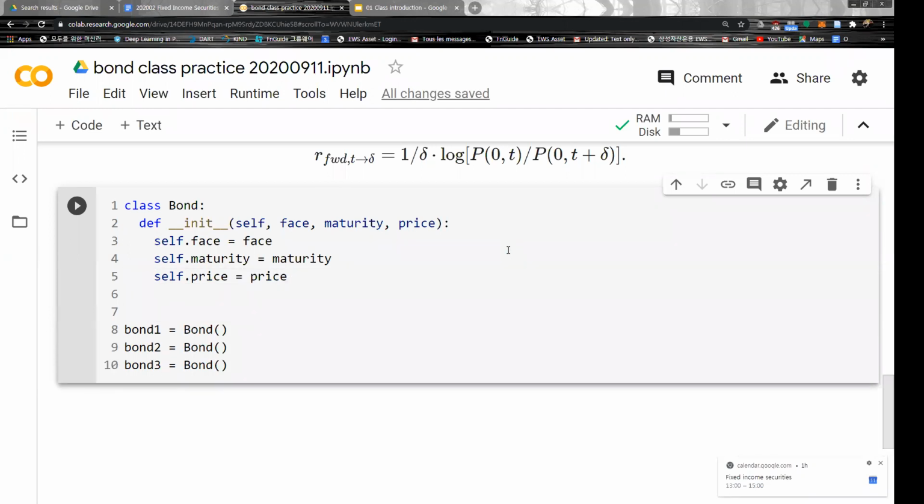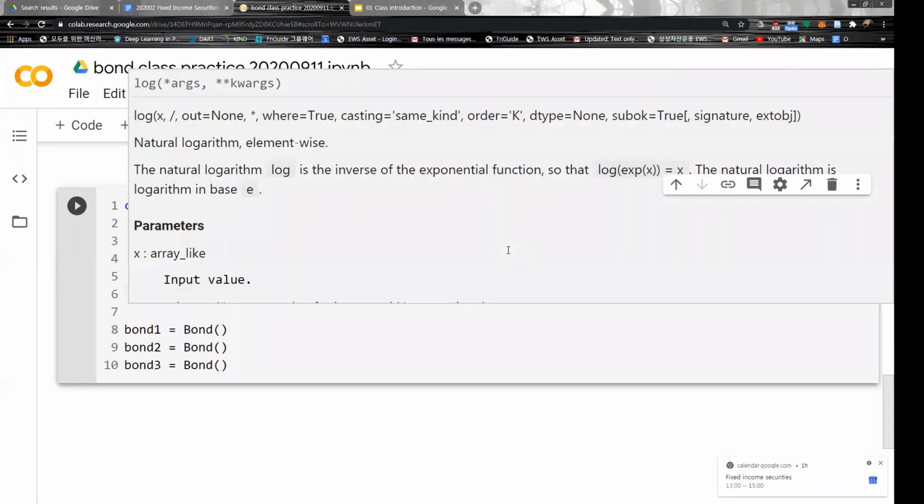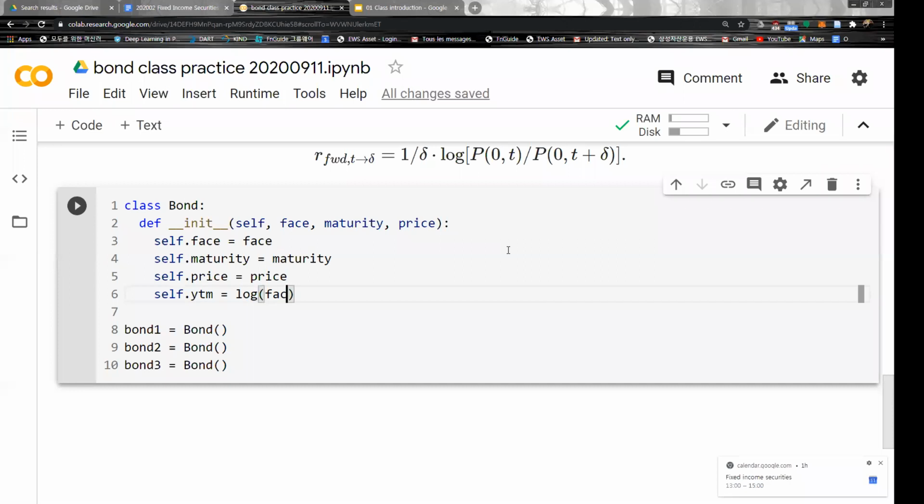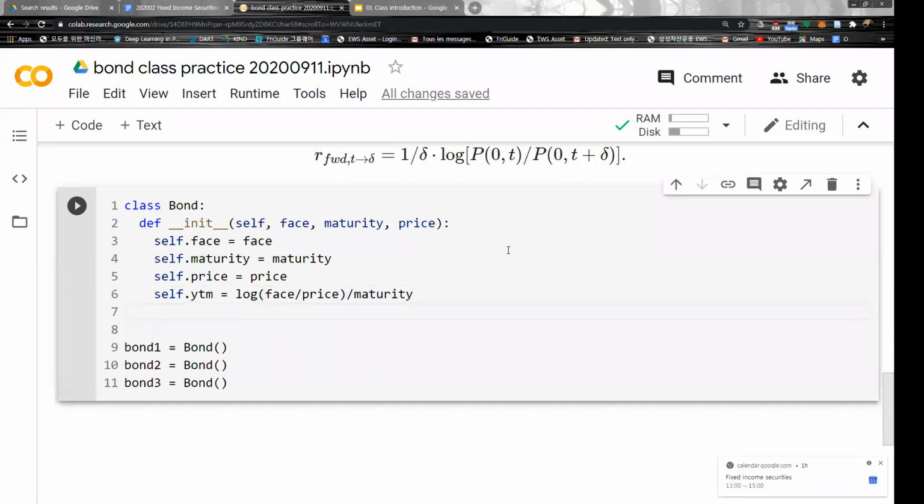And of course we also have YTM, yield to maturity, but we can calculate yield to maturity from the other ones. Basically it is the log between face value and price, annualized with maturity.